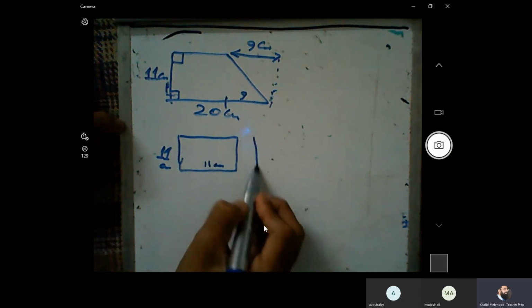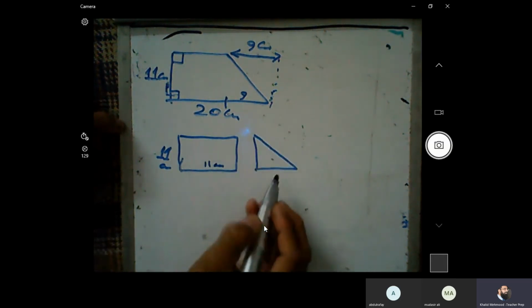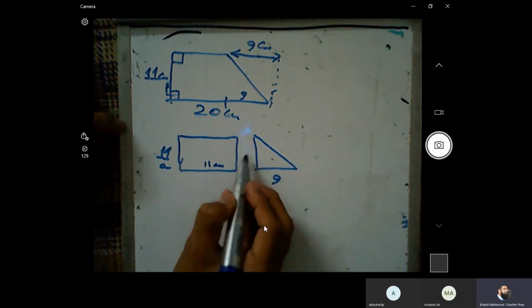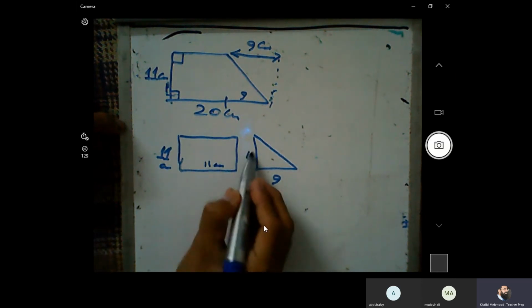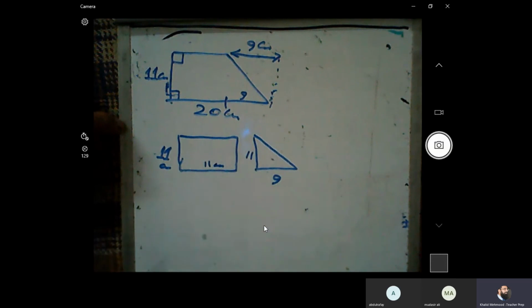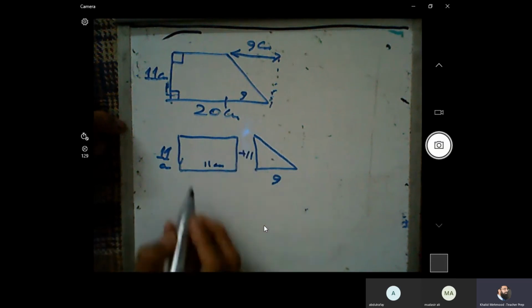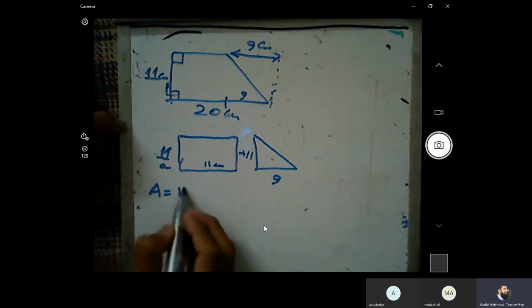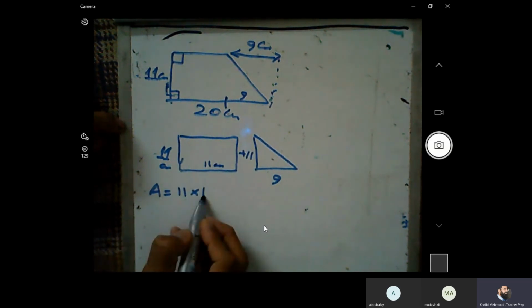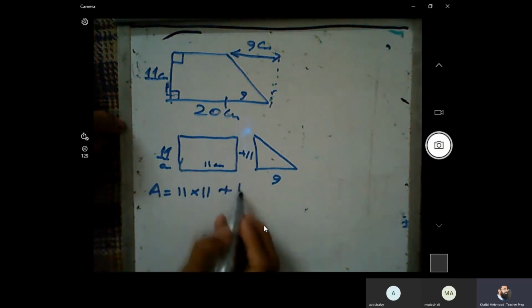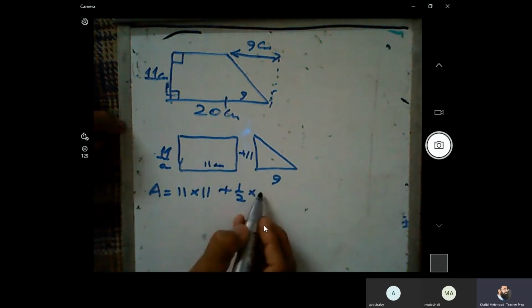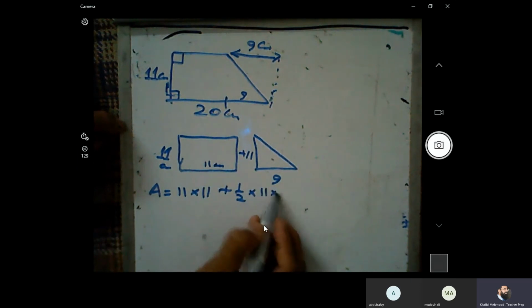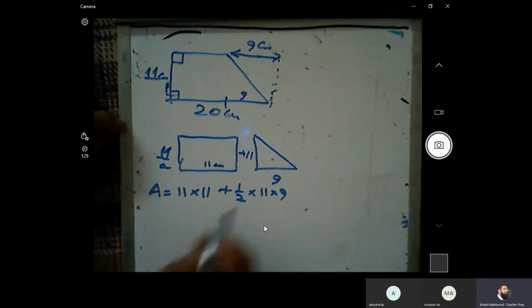And now this second one is a triangle which is 9 by 11. Okay, so now we will be joining these two areas. What will be the area of the rectangle? The rectangle is 11 multiplied by 11 plus 1 upon 2 multiplied by 11 multiplied by 9, or 9 multiplied by 11, the same.